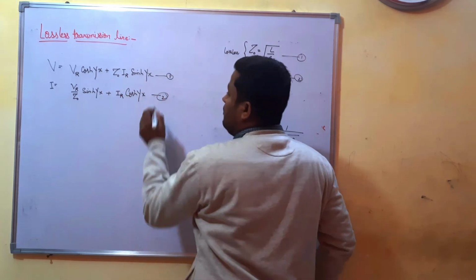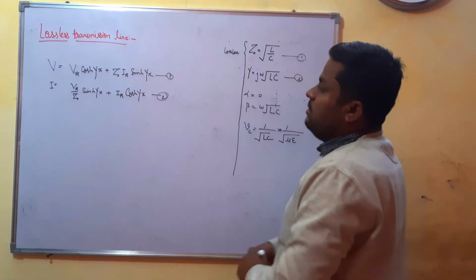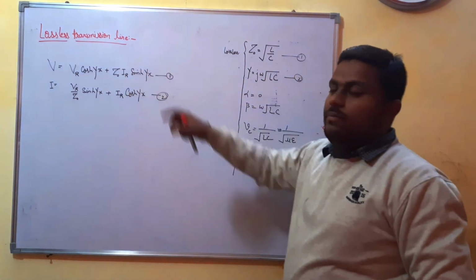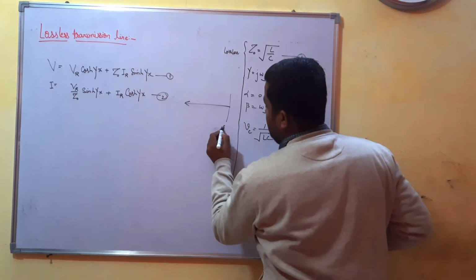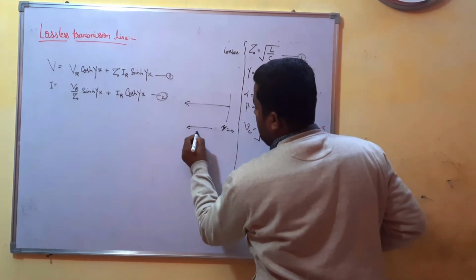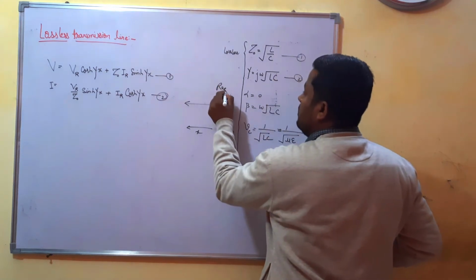These are two equations we have derived in our previous videos: the voltage and current at every point of the line at a distance x from the receiving end, where x is equal to 0 at the receiving end.